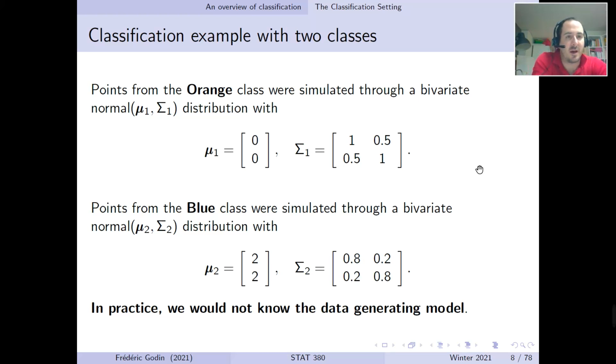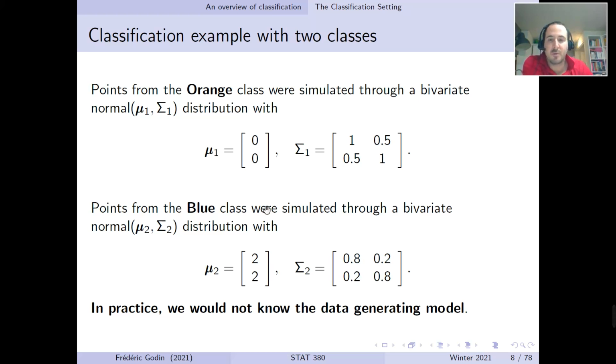Now, once the class of the points was determined, the predictors were simulated based on the class. For orange points, the predictors were simulated from a bivariate normal distribution with mean vector 0, 0 and covariance matrix given by this. You have a standard deviation of 1 across all dimensions, and the correlation between the two predictors is 0.5.